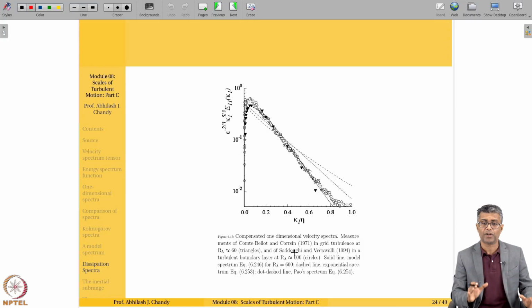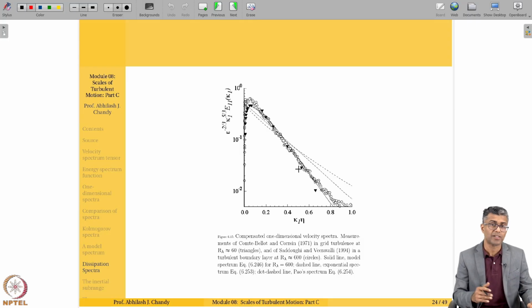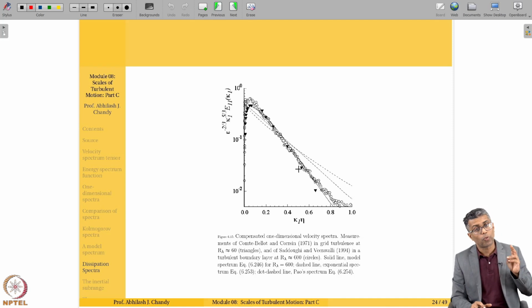Those are the triangles in the figure. And then the data from the turbulent boundary layer experiments of Saddoughi, at R lambda approximately equal to 600. So that is pretty high. Both cases are still turbulent, except one is at a relatively lower Reynolds number. These are the only two data sets shown here.